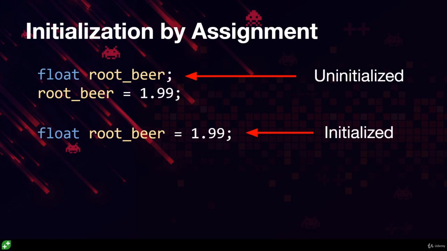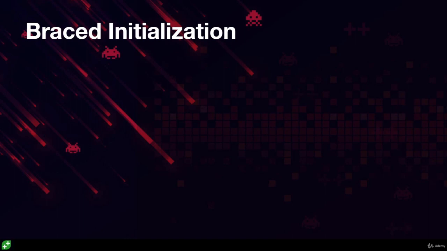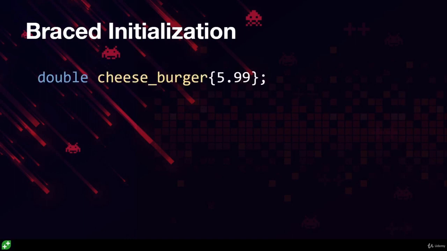Now, there's another way to initialize variables, and it's called braced initialization. It looks like this. Here we're declaring a double called cheeseburger, and we're using braced initialization to initialize it. Braced initialization uses curly braces, and the value that we're assigning to cheeseburger goes inside those curly braces.